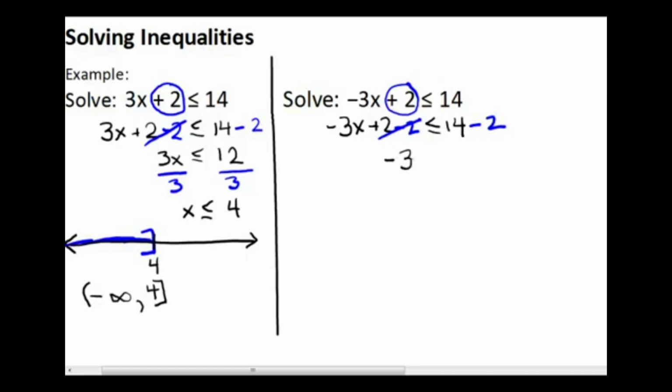We have -3x is less than or equal to 12. Right. Next comes our division step. This time we're required to divide by a -3. So we'll take an extra line so you can see. And this is going to cause the order to change. So our inequality symbol is going to flip over.